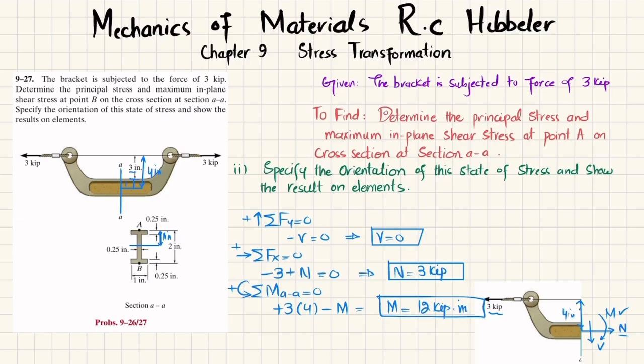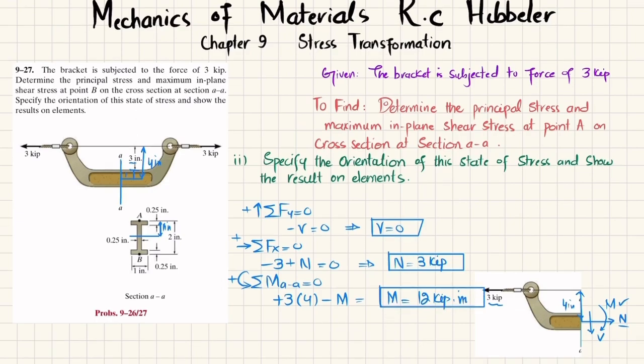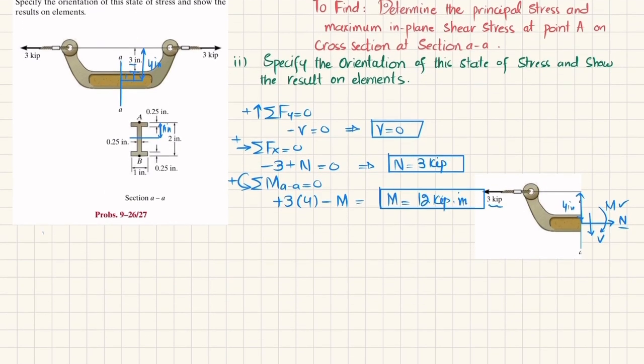Now you have all these things. You can see for the normal stress, which is equal to sigma, that is the combination of the normal stress acting on this surface and the bending stress produced due to this moment.